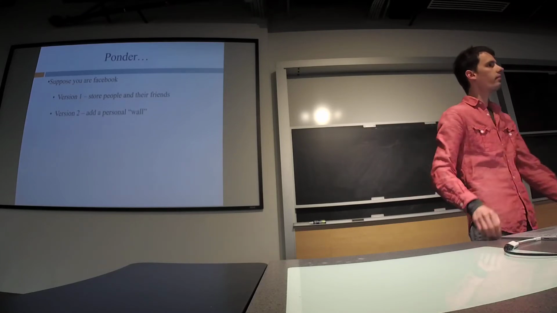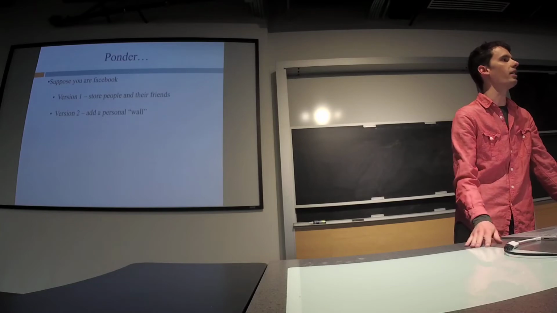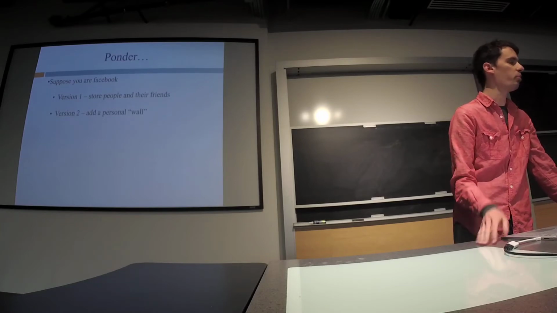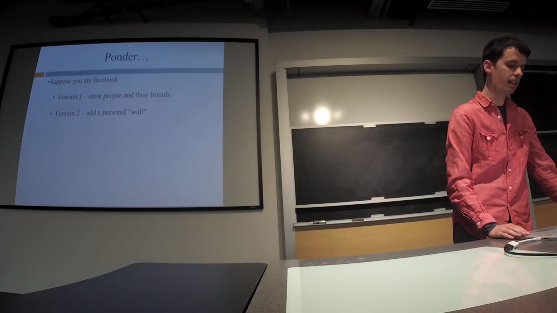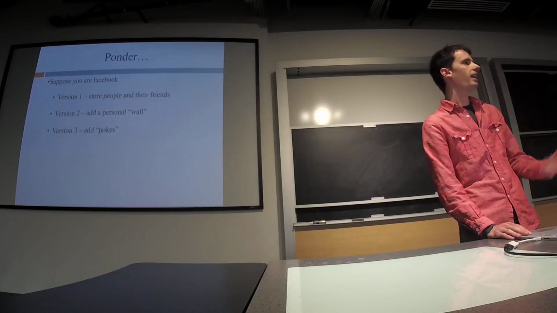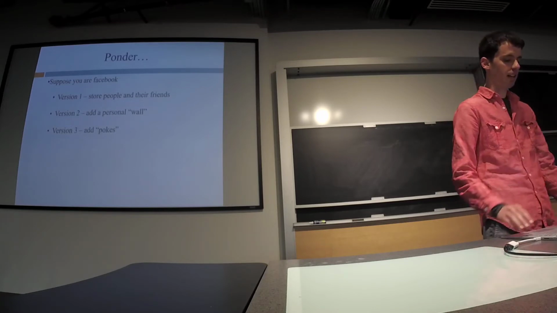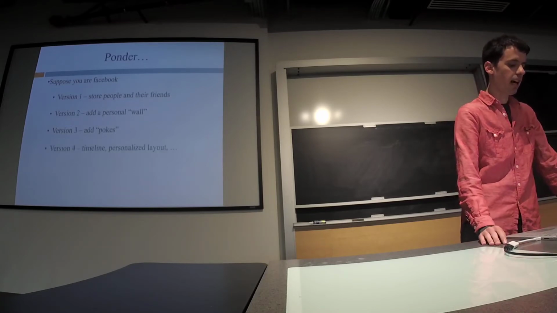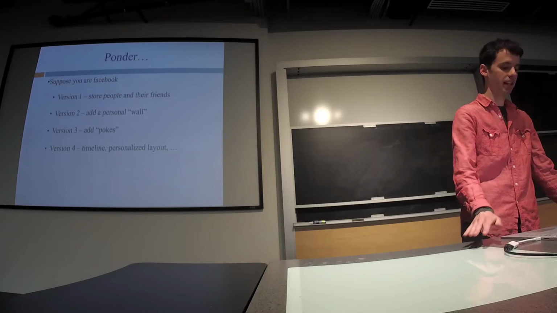And then they add that wall thing, which I don't even know if they have anymore, but they had for a while. Kind of just your personal page. You could draw things on it or whatever. And then they added this poke feature. I don't know if this is in the right order. And then they add that timeline thing that I don't really know how it works or what it does, but I know about it.